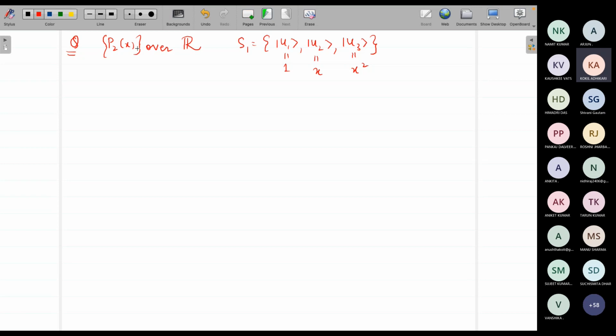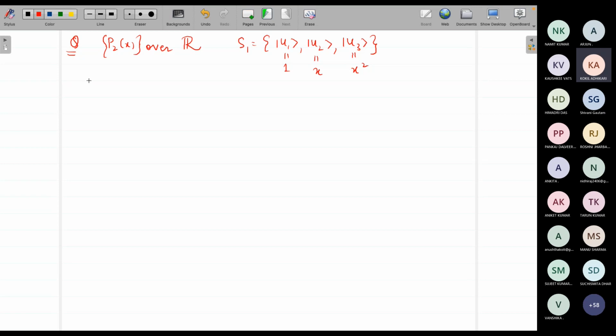Whenever you do not see defined rules of addition or scalar multiplication, it means that we are assuming the normal rules. It doesn't mean that there are no rules, it is just that those rules are so normal that we are not stating them.